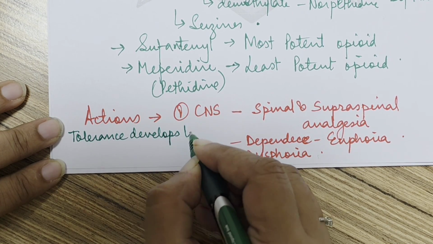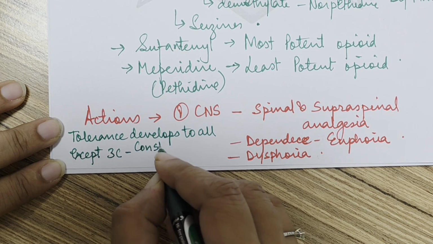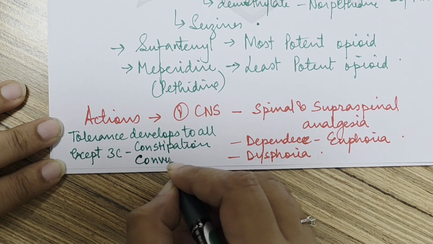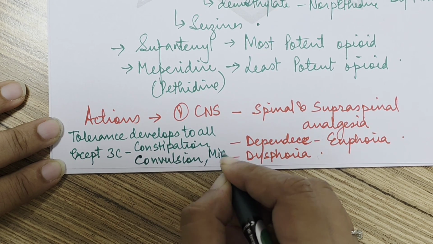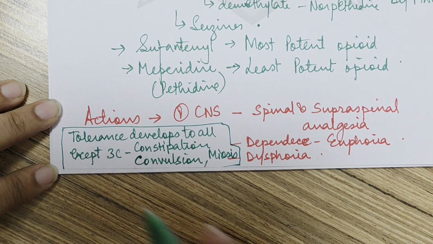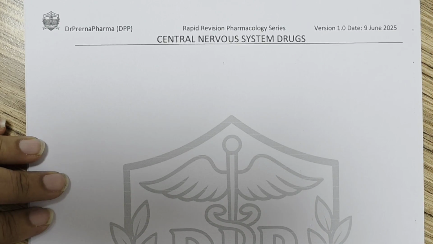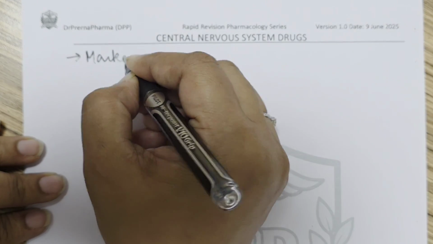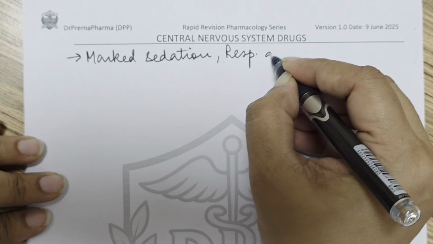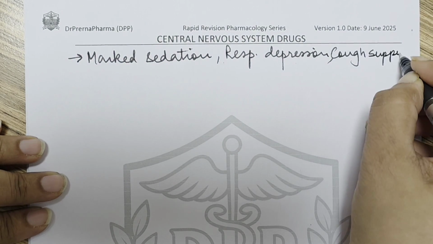On prolonged use, tolerance develops to all actions except 3 actions, that is 3C: constipation, convulsions and miosis, right? So this is something very important in case of morphine. Next, they produce marked sedation, respiratory depression, cough suppression.